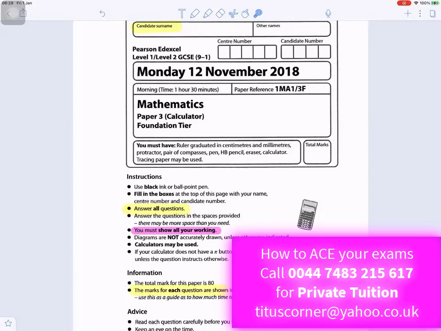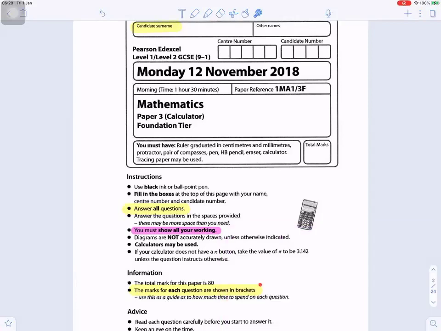So 1.5 hours is 90 minutes and you have 80 marks. So 80 divided by 90 gives you a rough idea of how long to spend to get a mark. But keep your eye on the time. There's 80 marks for 1.5 hours.